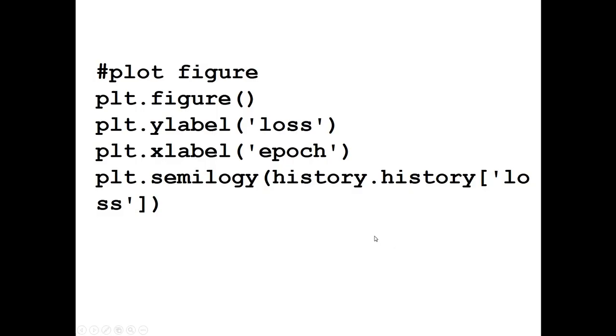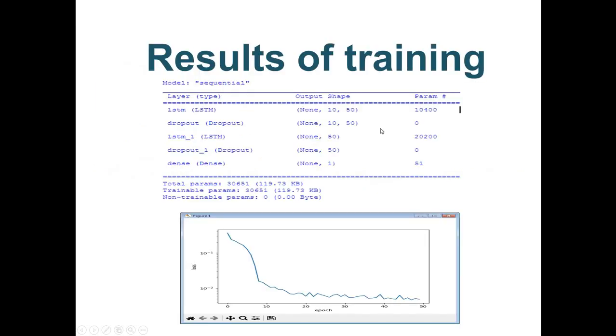It might take some time to train, and then you simply plot the results. You can see that upon training, it gave some results. At the bottom, the loss is less than 10 to the power minus 2.